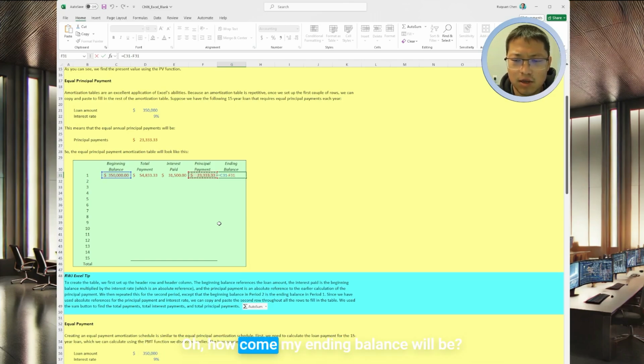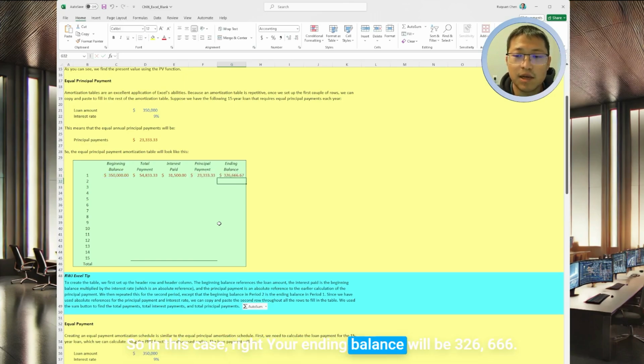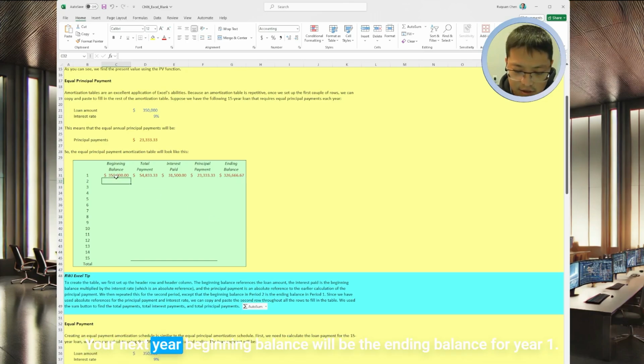How come my ending balance does not account for the total payments? This is how the loan works, right? So in this case, your ending balance will be $326,666.67. Your next year's beginning balance will be the ending balance for year one.